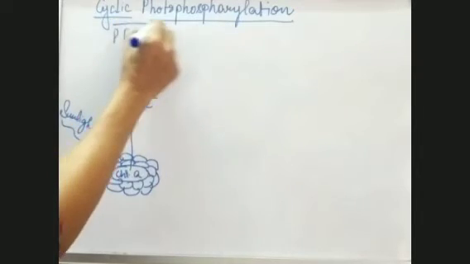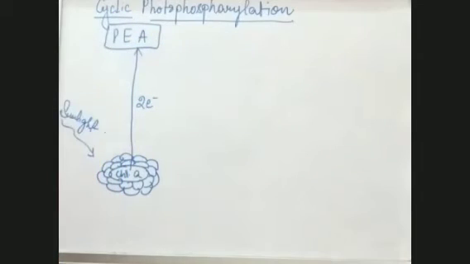I'm not going to write it now because I have written it yesterday also 2 times. So this is the primary electron acceptor. Of course, there is an acceptor in the natural system to pick it up.